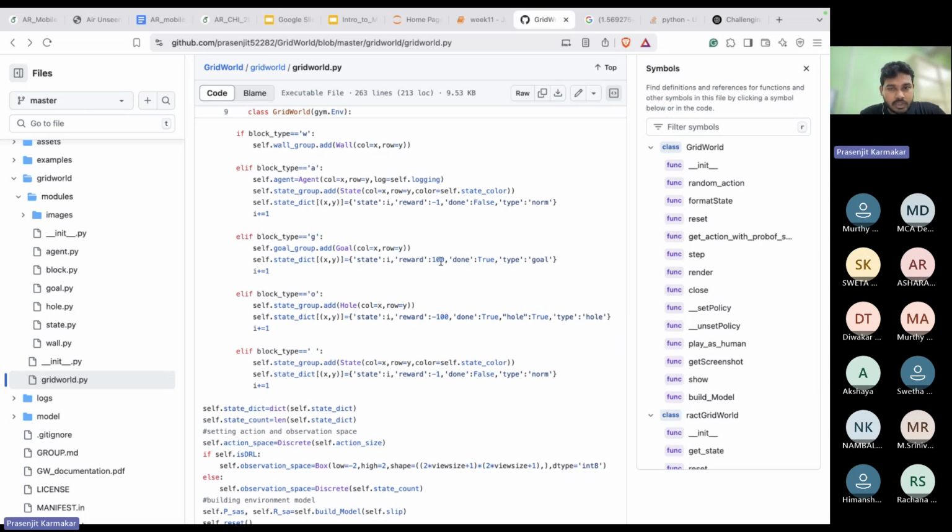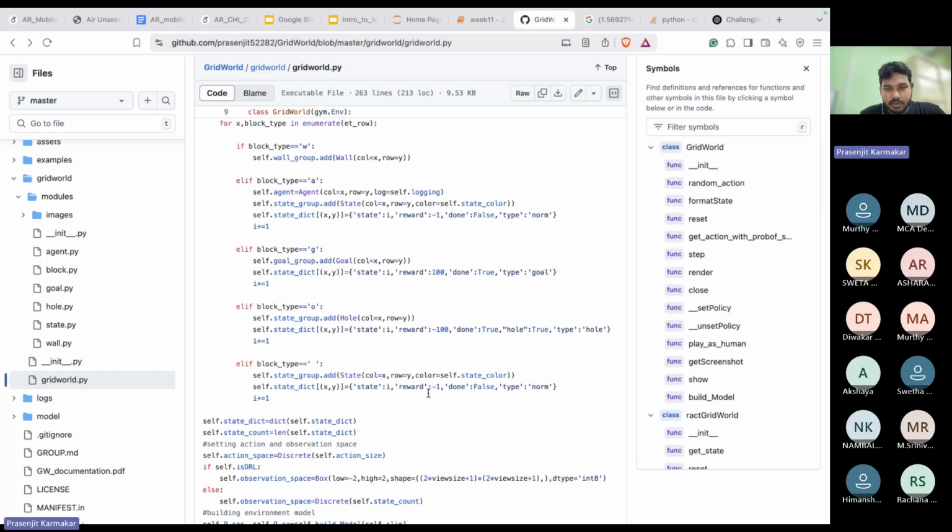If it is a hole state, it is minus 100. Okay. Otherwise, it is a block state, so otherwise it is a minus 1. That's it.